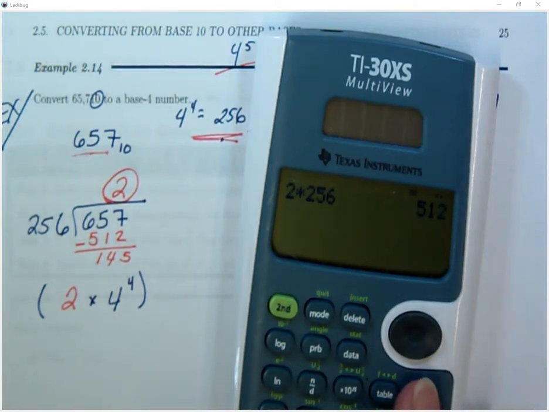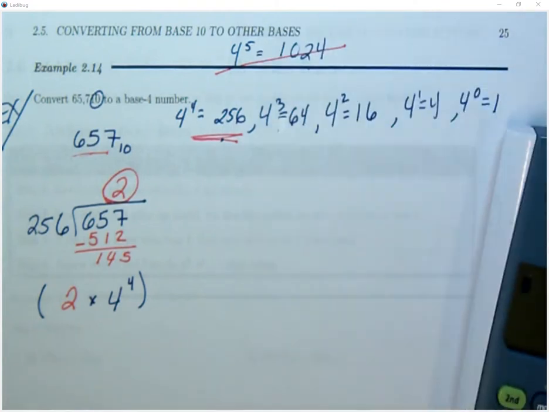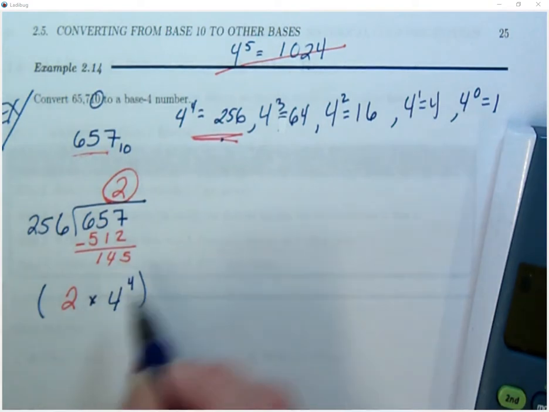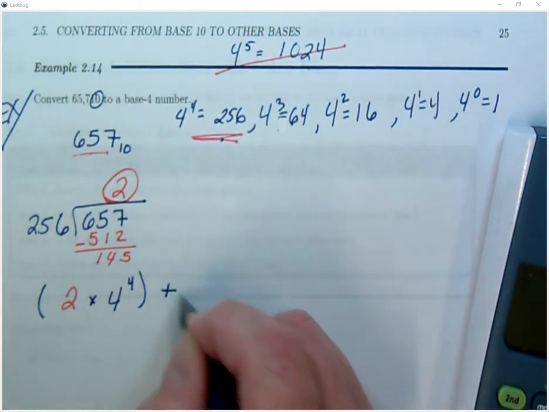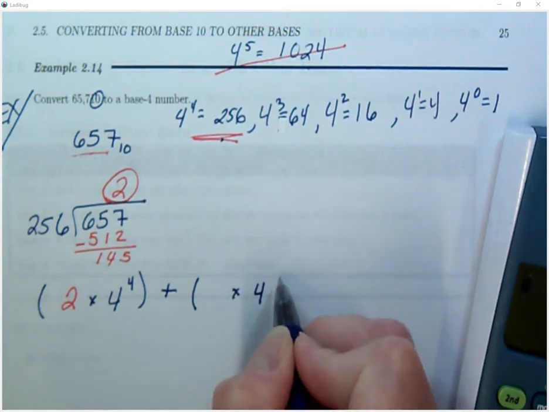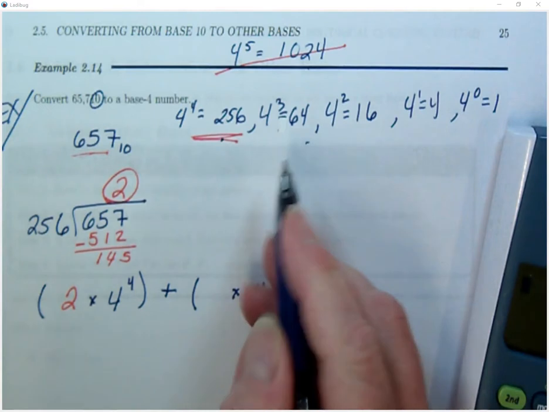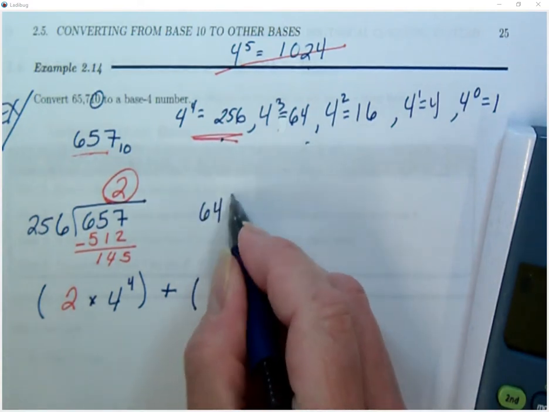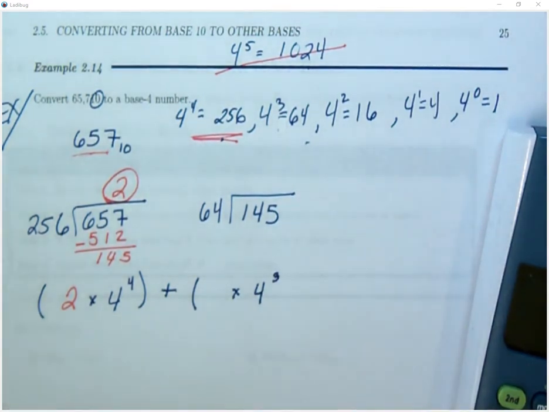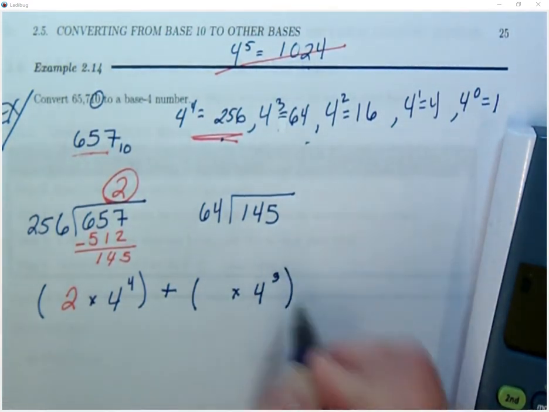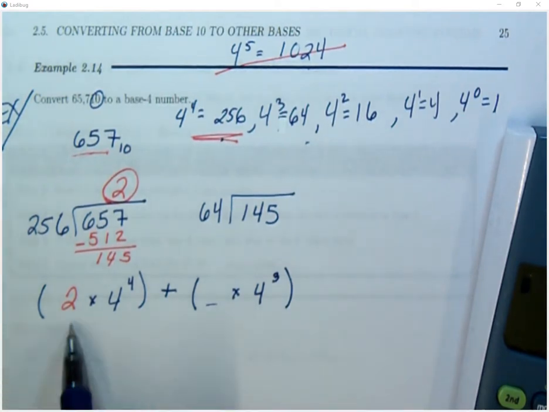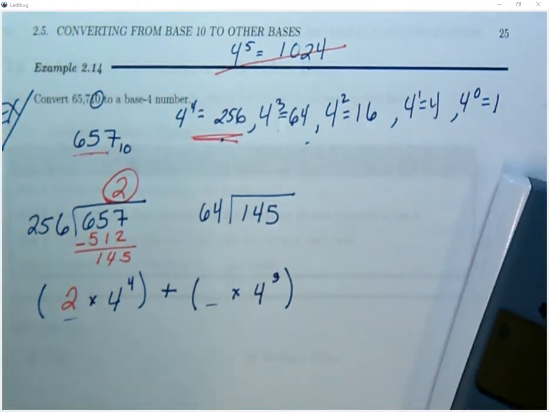And I'm going to work systematically that same way. So now I take this 145, that remainder is going to tell me how many groups of 4 cubed, the next thing down. So I have to put 64 into the 145. I'm trying to think of how many groups of 64 do I have in that 145 to know what this value should be for my answer in base 4.